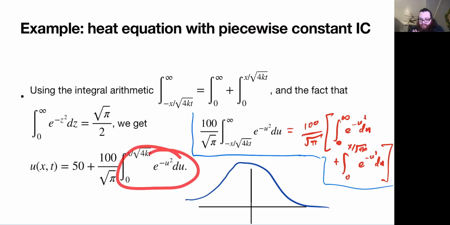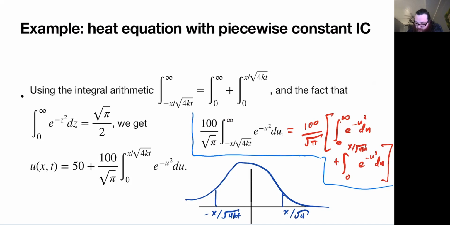This piece right here is computing the area between 0 and x over square root of 4kt. If x is negative, we're going to be integrating that way. If x is positive, we're going to be integrating that way. So where are these values? Say this is minus x over square root of 4kt, and then symmetric over there, this is x over square root of 4kt.